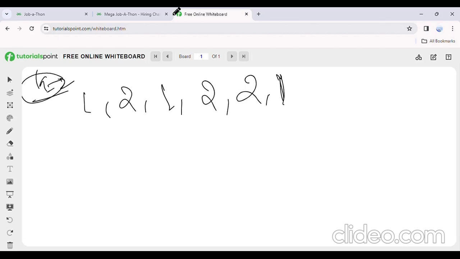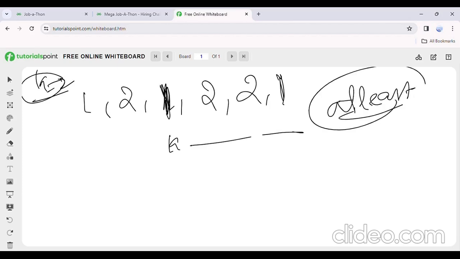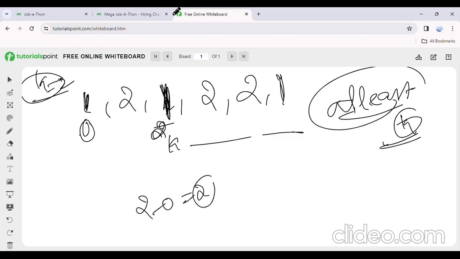When we are traversing here, the distance is at least k, right? Because the last index is 0 and this index is 2, the distance is 2 minus 0 is 2, so it is equal to k. It is the minimum value, right?